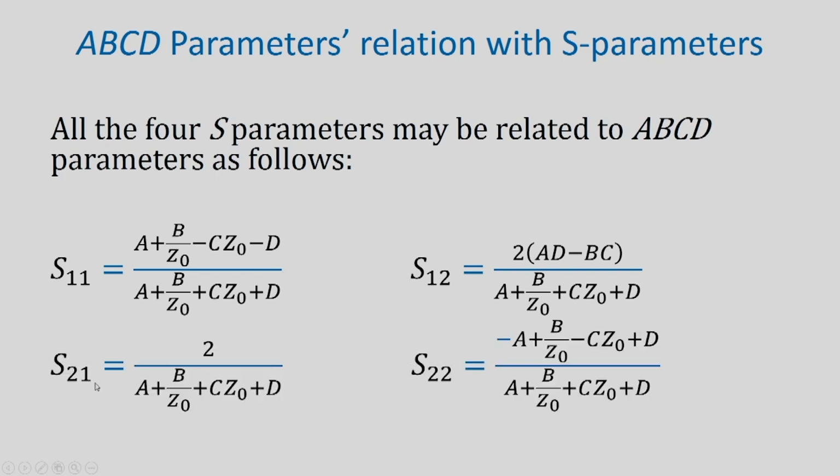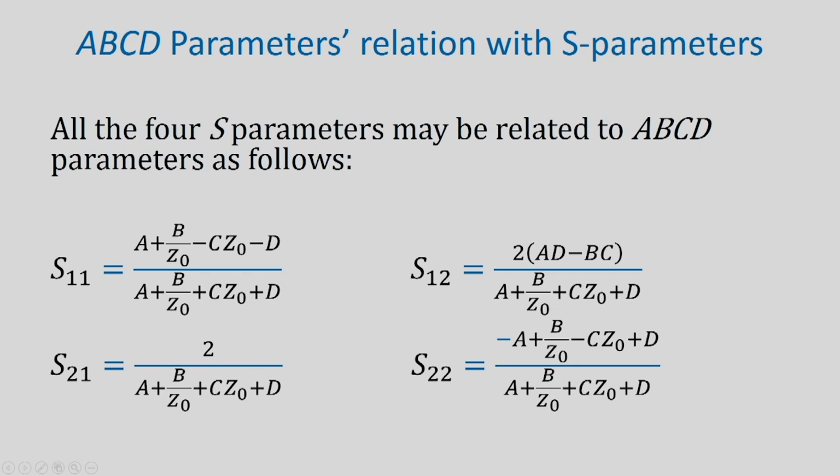Similarly, S21 is 2 divided by (A plus B by Z naught plus C Z naught plus D), and S22 is (minus A plus B by Z naught minus C Z naught plus D) divided by (A plus B by Z naught plus C Z naught plus D).